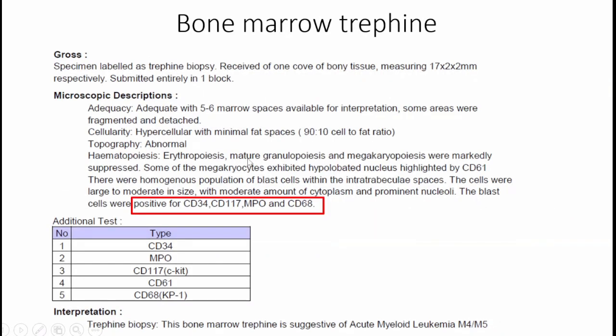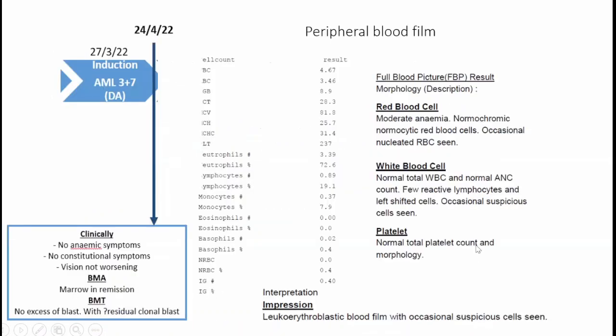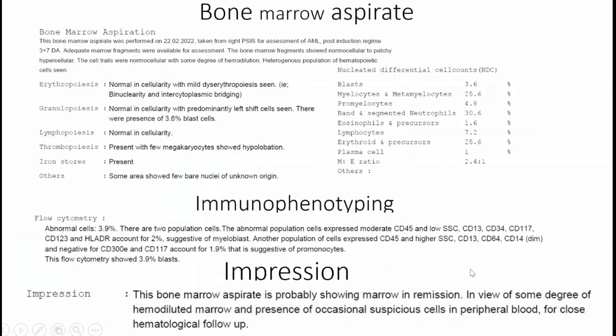This is her diagnostic trephine, where there is a homogeneous population of blasts positive for CD34, CD117, MPO and CD68. So this marrow trephine is also suggestive of AML, M4 or M5. Upon completed induction, as the patient was clinically in remission, the blood film showed leukoerythroblastic picture with occasional suspicious cells, and the marrow showed remission with blasts only 3.6%, but with some degree of hemodilution.